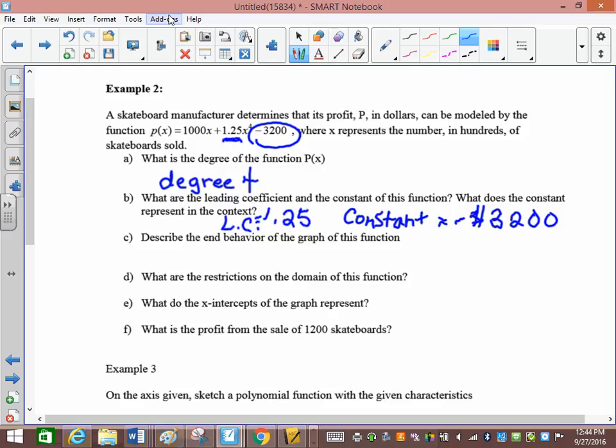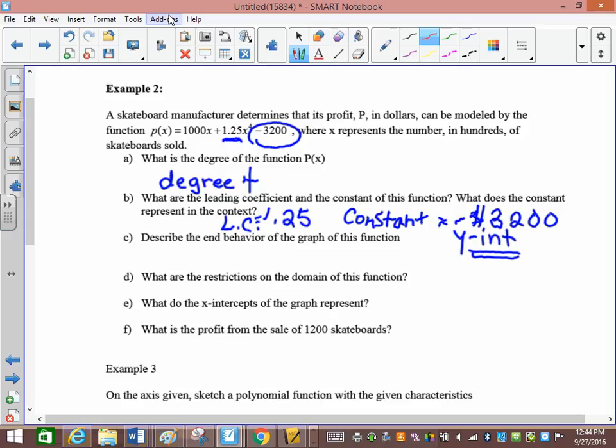And P is the profit in dollars. Your constant is always your y-intercept, right? So your constant is your y-intercept, where it crosses the y-axis. So what the heck is negative 3,200 in this context? It's the profit, right? It's your y. The profit is negative 3,200.